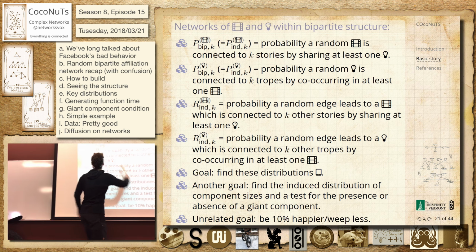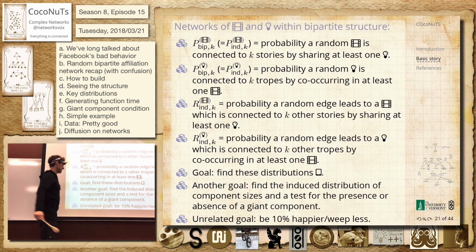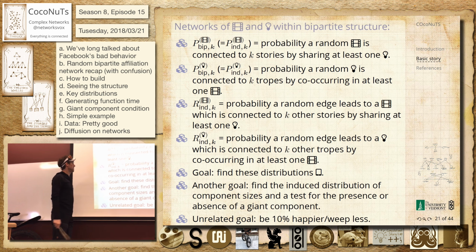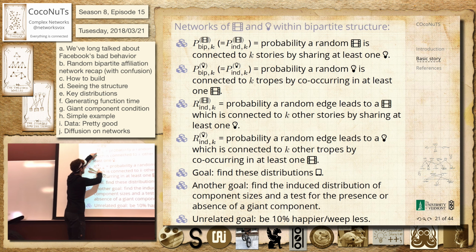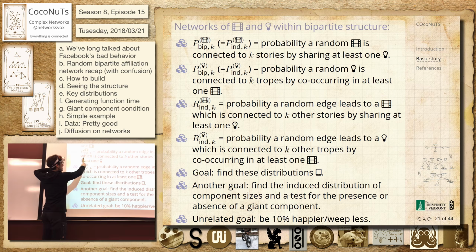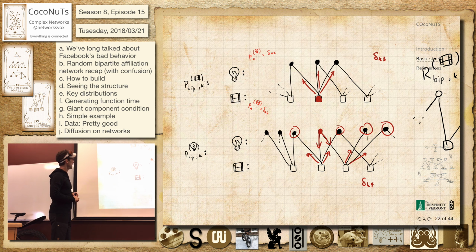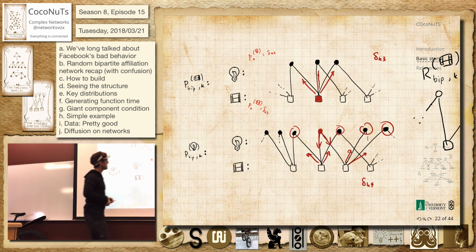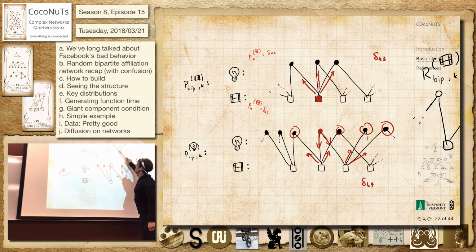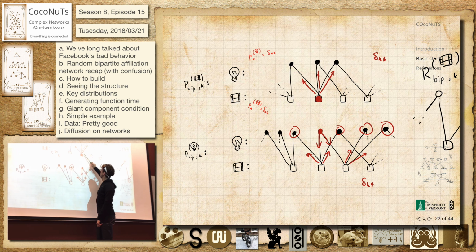But I will also use this notation where, within the bipartite network, it's sort of a two-step aspect of the system, and these should be bipartite as well. So these should be BIP, BIP. I probably should show it here. These are the things we're talking about. This is for stories on the bottom.